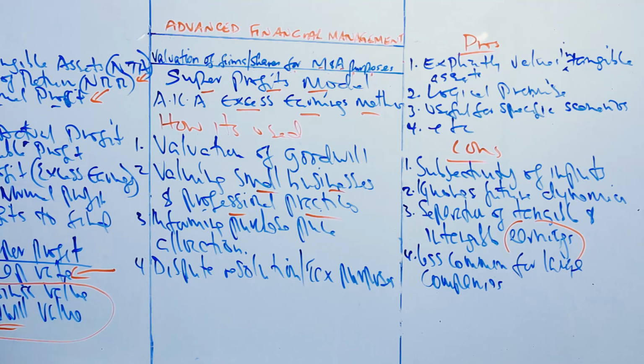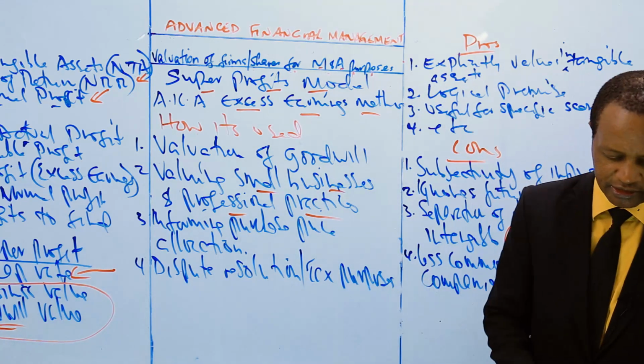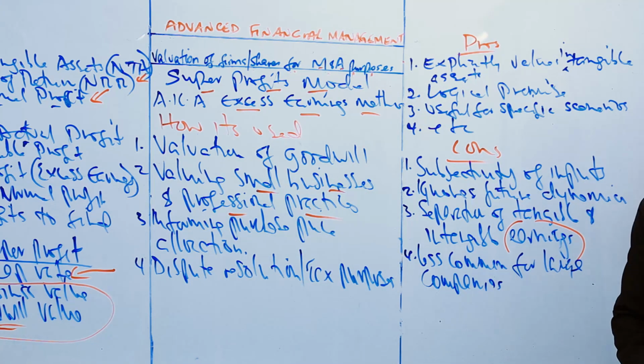For large, complex mergers and acquisition transactions, this method is generally not a primary valuation tool. In such transactions, the discounted cash flow method and market multiples, the PE ratio methods, are preferred because they directly project total future cash flows and also market expectations. You understand?